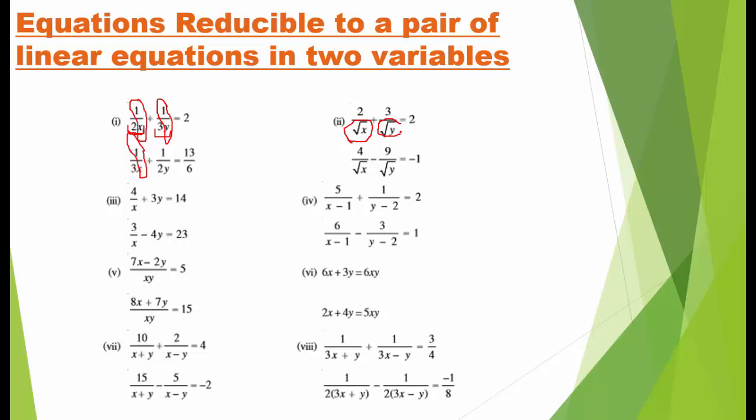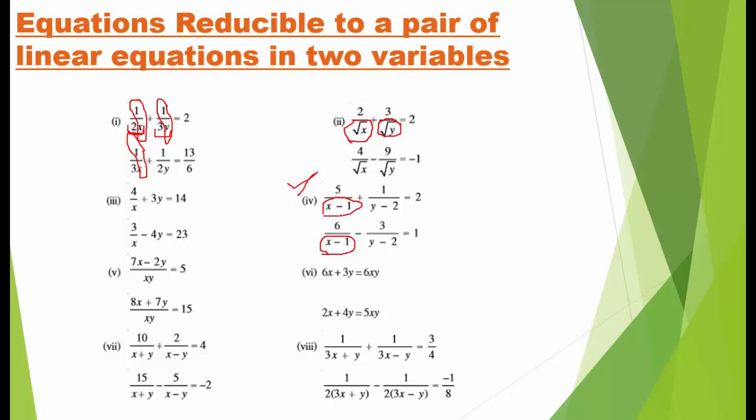Similarly, root y. Now what will be the condition for this type of numerical? There is only one condition: both denominators must have the same form. For example, if in question 4 I have x minus 1 in the denominator, there must be x minus 1 in the denominator of the second equation.